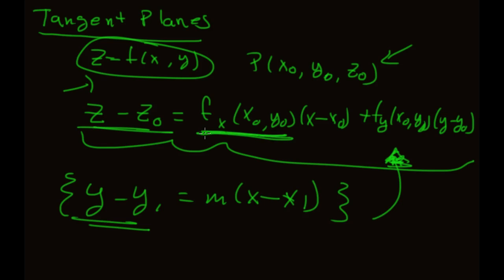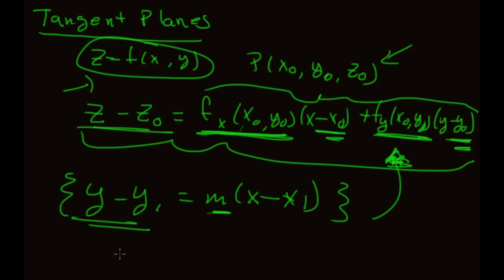This is the change with respect to x. This is the change with respect to y. This was just the change of y with respect to x. So this is change of height with respect to x, change of height with respect to y. Basically what we're doing here is building a weighted mean with the change of x and the change of y with the two partial derivatives. So it's a way to understand what's going on here.